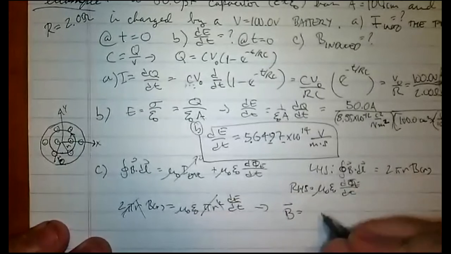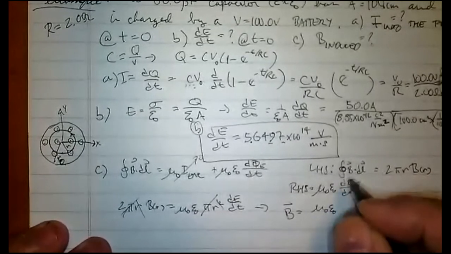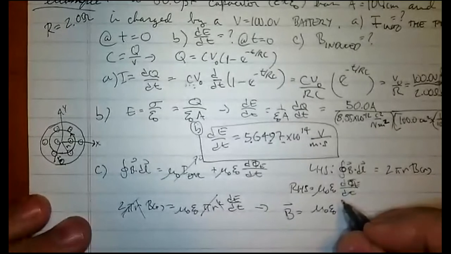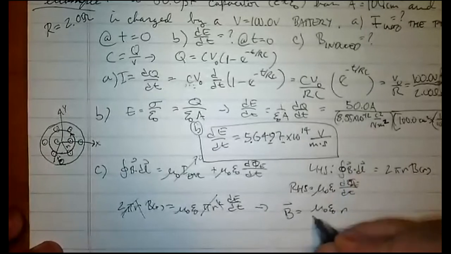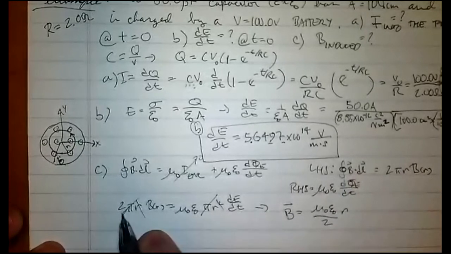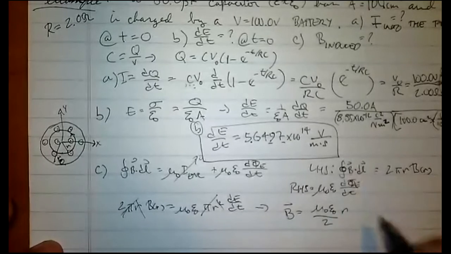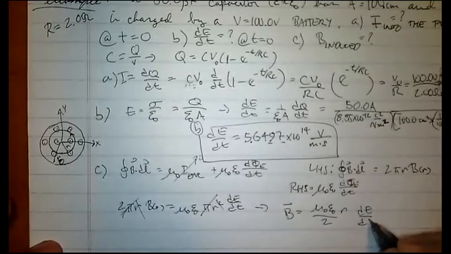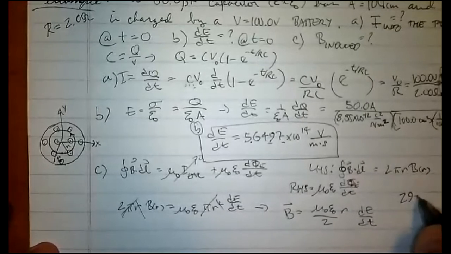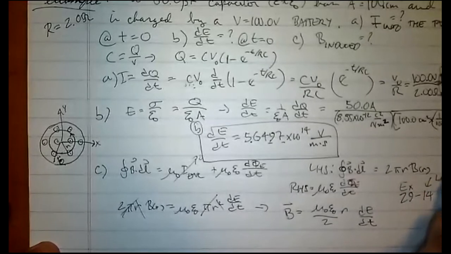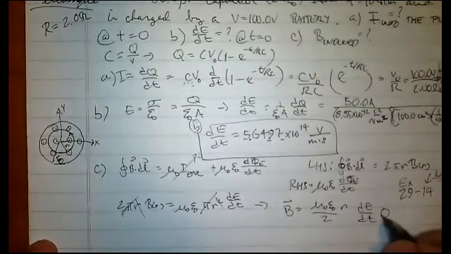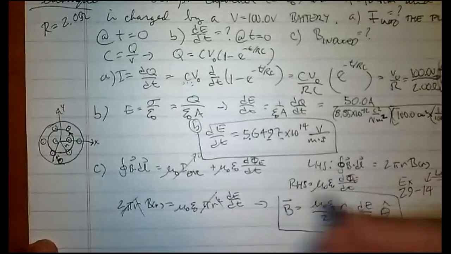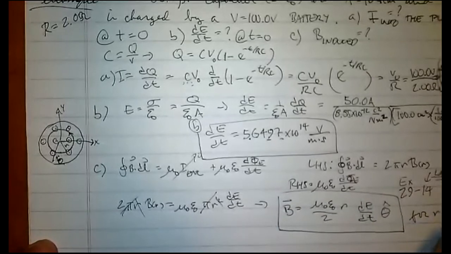And I'm going to say B is equal to mu 0 epsilon 0 times r over 2, because that'll be left there, times dE/dt, which looks a lot like, I think it was example 29.14. It's definitely the last example in chapter 29. So it looks a lot like that result, and that's in the theta hat direction. And that's for r less than r0.